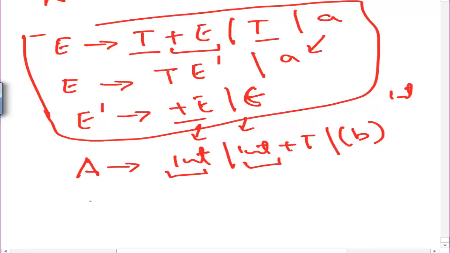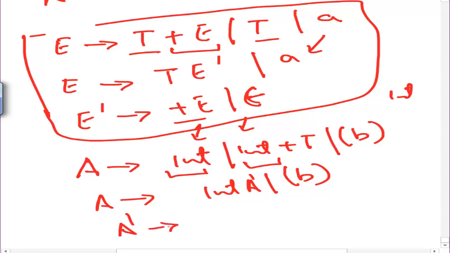So what we do is we say here A, and the common prefix is int. We keep the int, and whatever is something, gamma, keep it there, not a problem. And whatever is left out, the suffixes, I call it, say, A prime. Now A prime talks about the suffixes.